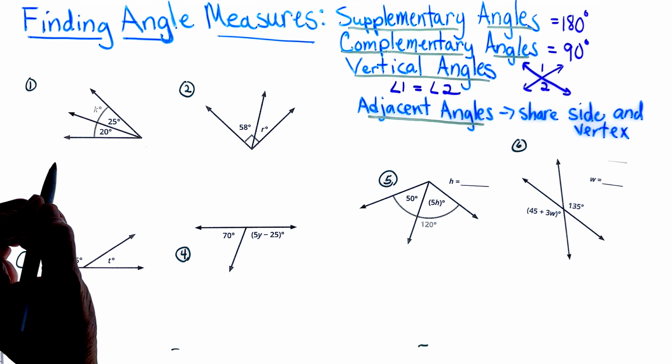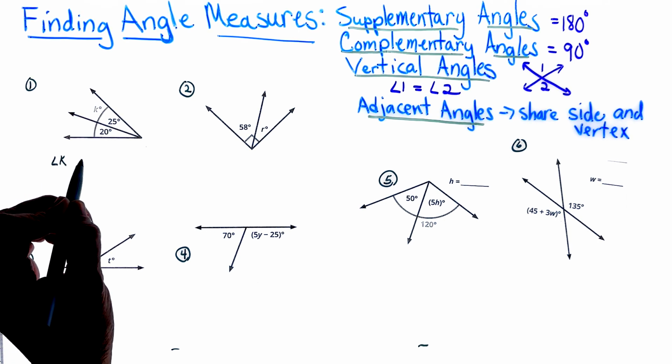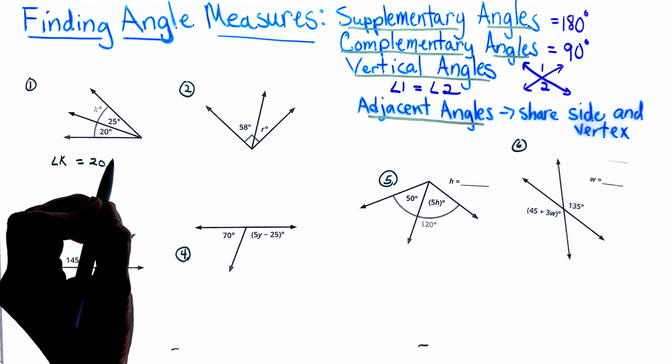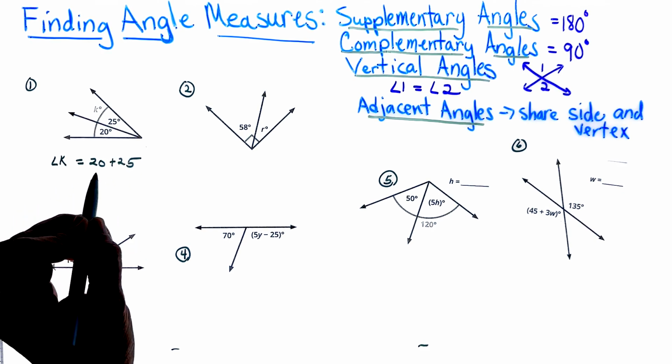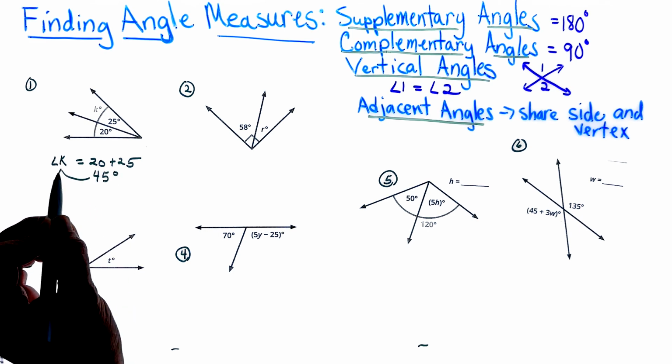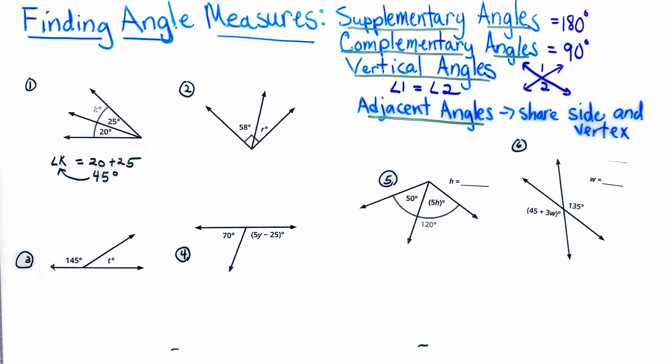So for this problem, our angle K measurement is going to be equal to 20 plus 25. And we know 20 plus 25 is 45 degrees, and that is equal to our angle K.